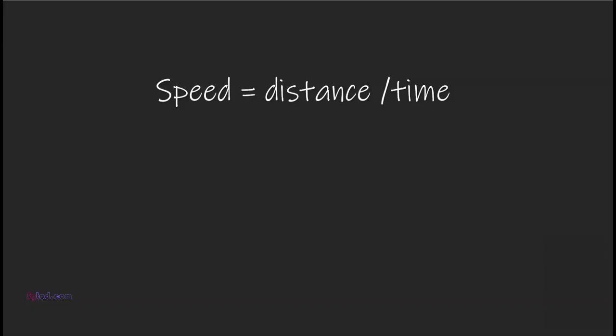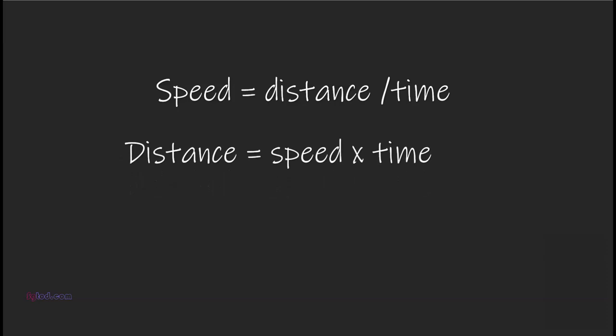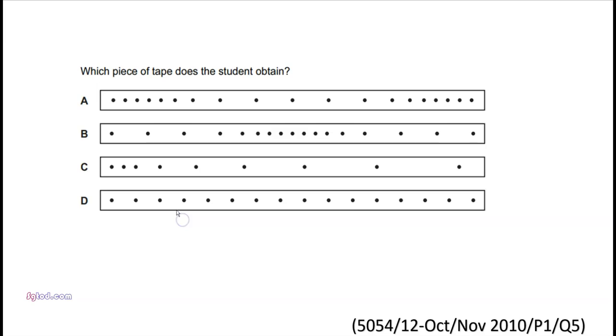We know that the formula is speed equals distance divided by time. Rearranging, distance equals speed times time. So when the tape is pulled quickly, it means the speed increases, and hence the distance must increase. If the speed decreases, the distance will reduce. Therefore, the answer must be B.